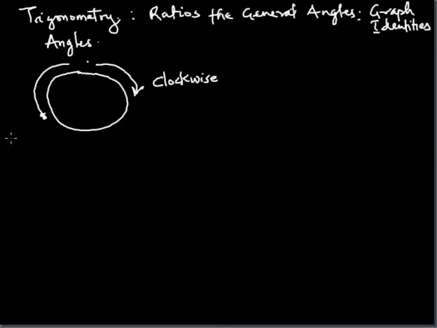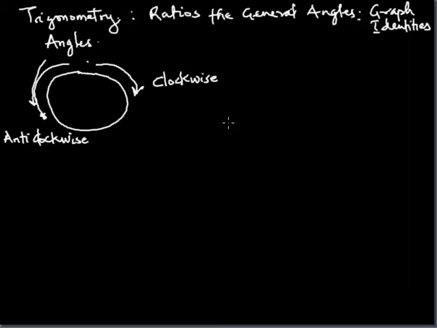This is called anti-clockwise. So whenever you see in trigonometry that the angle is moving in an anti-clockwise way, that means you should take it this way.